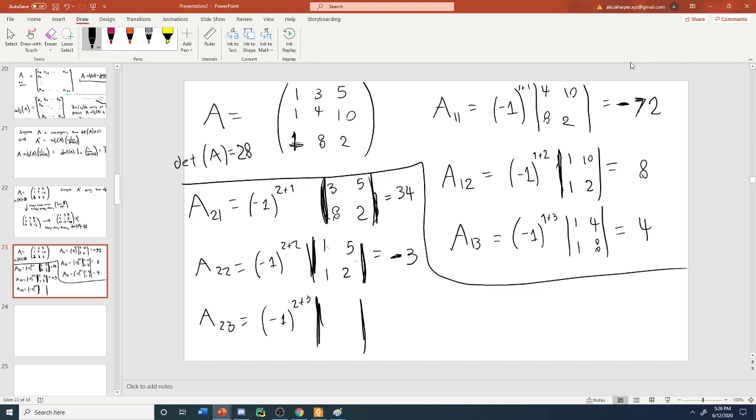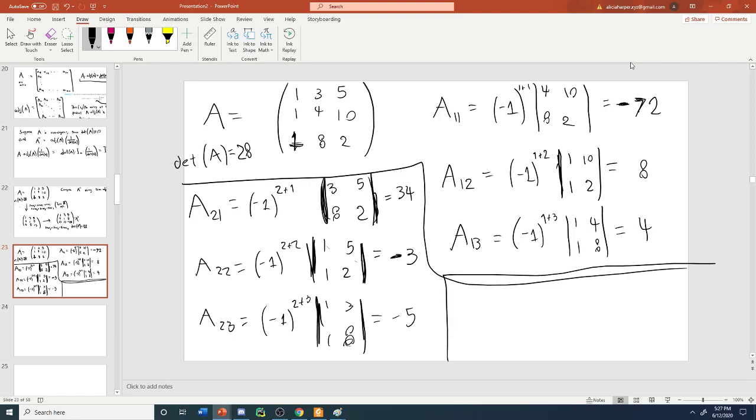I might need to take a break after this example. A23. So here I'll have 1, 3, 1, 8. And if I evaluate this determinant, I get 8 minus 3, so that's positive 5, but times a negative 1, so negative 5.